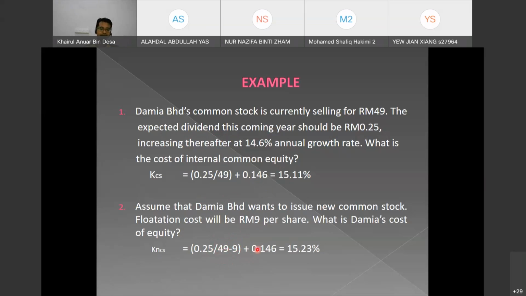G here is 14.6%, 0.146. So the new issue has a 15.23% cost involved. This is the current issue, and this is the new issue.